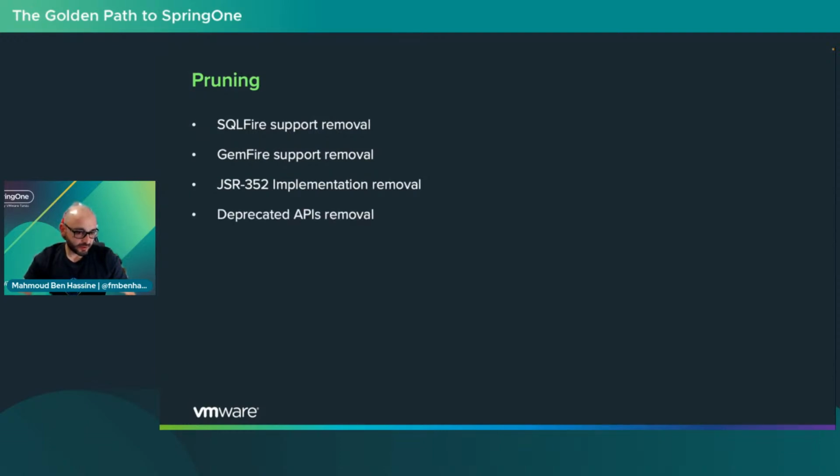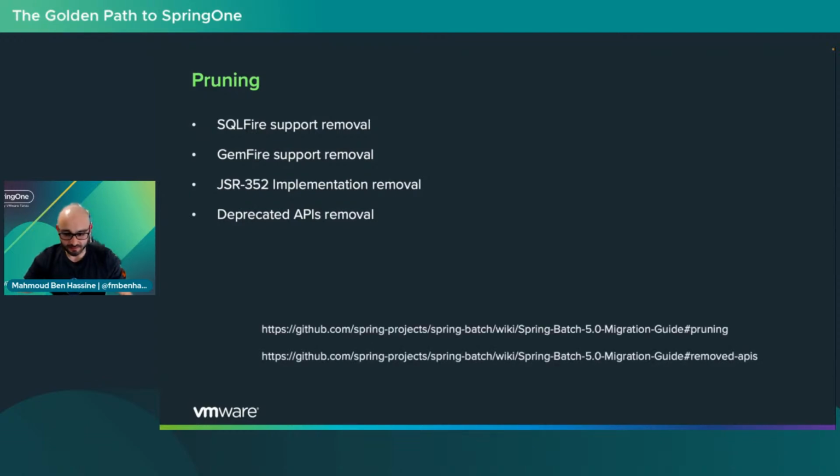We also removed all deprecated APIs. So this is like a typical task in every major release. All the APIs that were deprecated in 4.1, 4.2, 4.3 were completely removed. And here we have two links to the wiki where you can find the entire list of all the removed APIs and features.